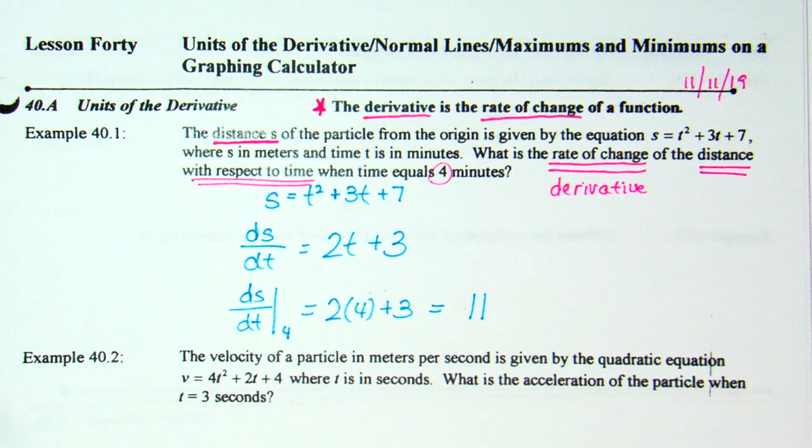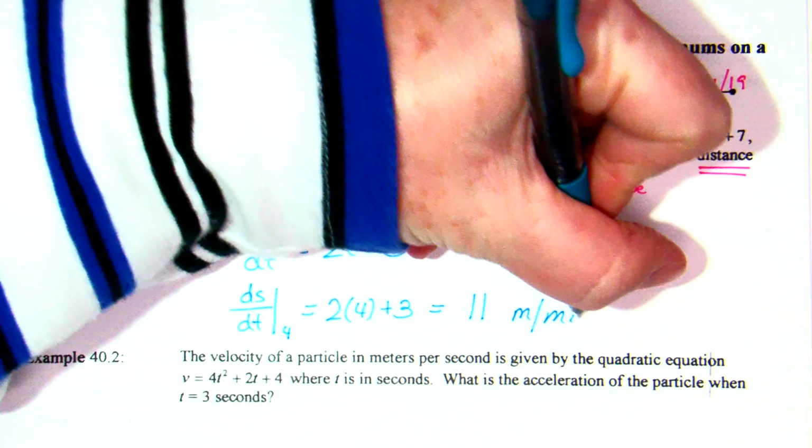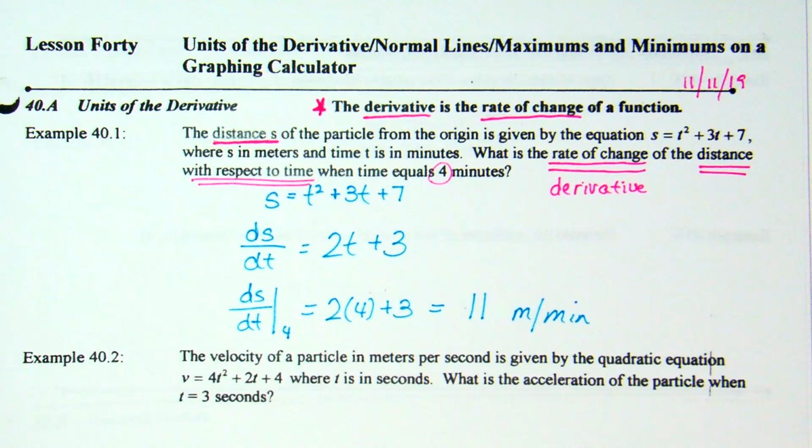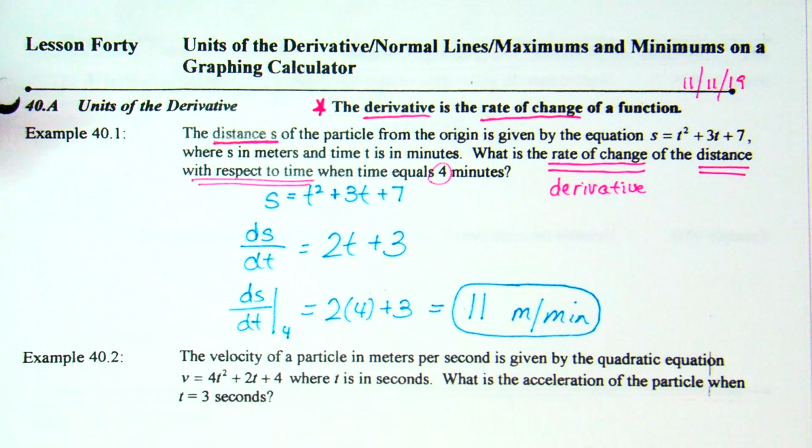So this is 11 meters per minute. I'm saying meters per minute because they told me my distance is in terms of meters and my time is in terms of minutes. Jack, what word did you just throw out there? Velocity.